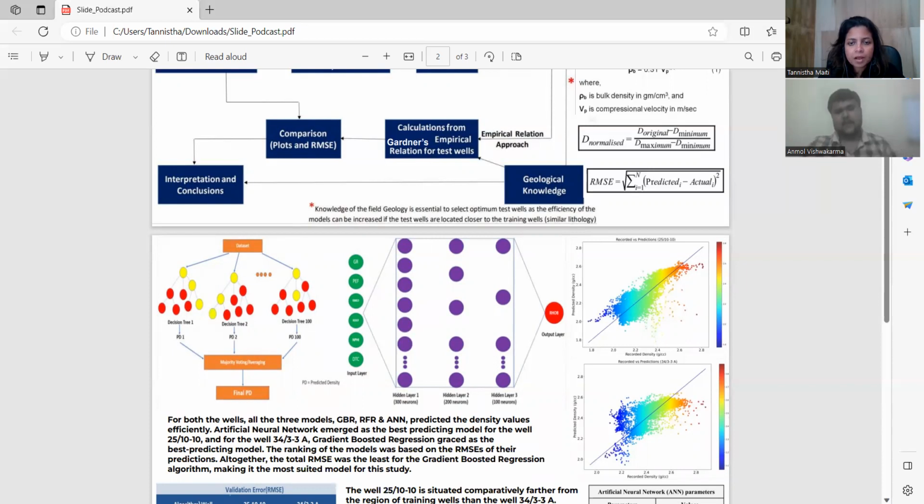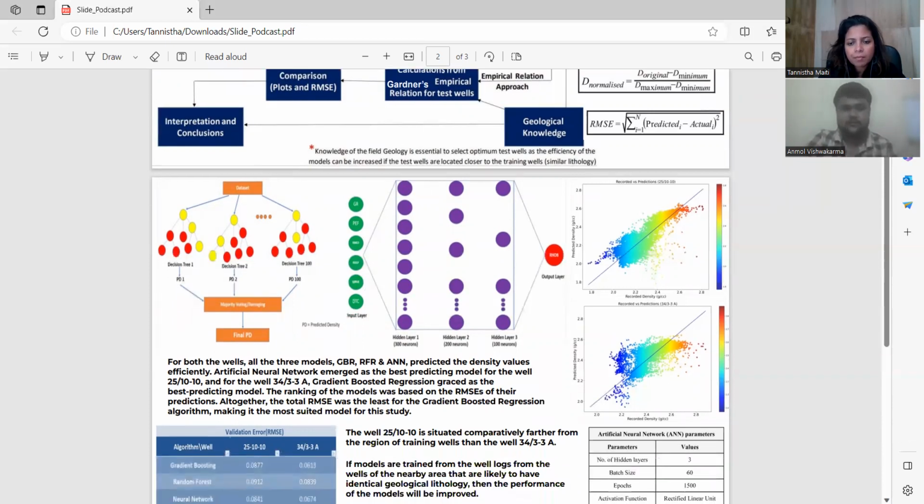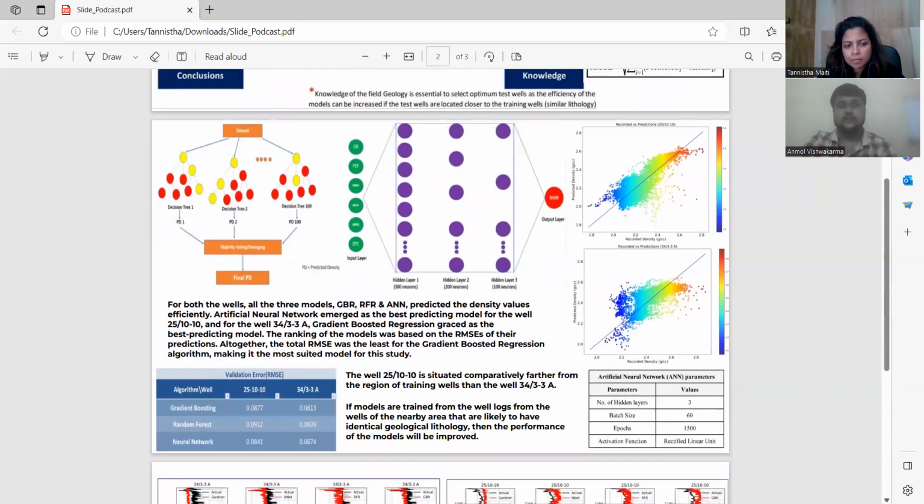Then we use those parameters in the models and predict the results. We also have the predictions from Gardner's empirical relation, and then we compare.